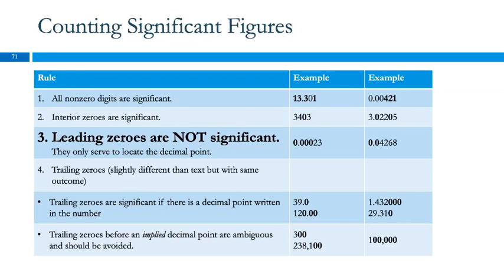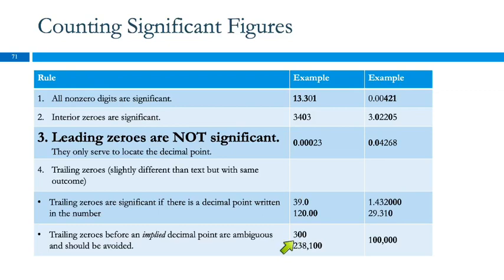So the way I think about this is trailing zeros, we're going to count them or not depending on whether there's an actual decimal point written in the number. So in this number, 39.0, obviously that 0 is not necessary to hold a decimal place, and so that's going to be counted. In this number down here, 300, there's no decimal point.